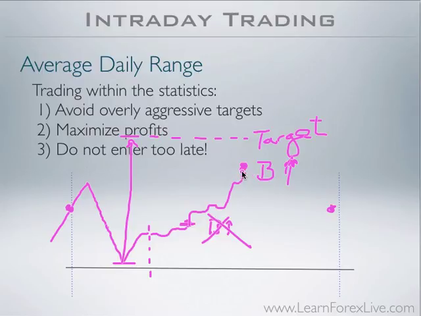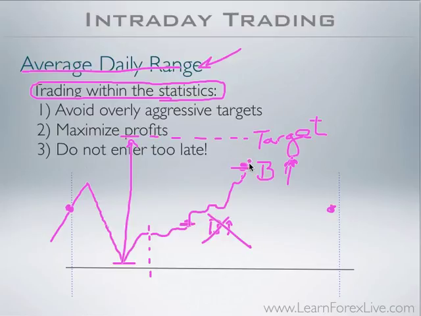Here's the thing. Please remember that the average daily range is all about trading within what's statistically feasible. We want to trade within the statistics. So if we take our entry there and the potential target, the potential exhaustion point for this currency pair, please mind that the average daily range simply tracks exhaustion points from a statistical point of view.